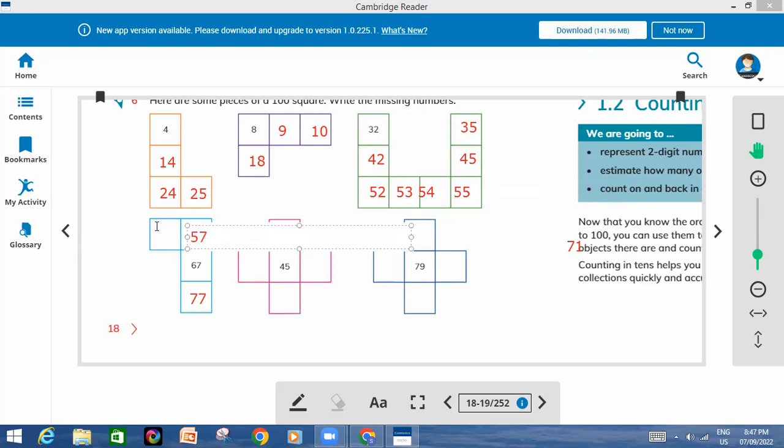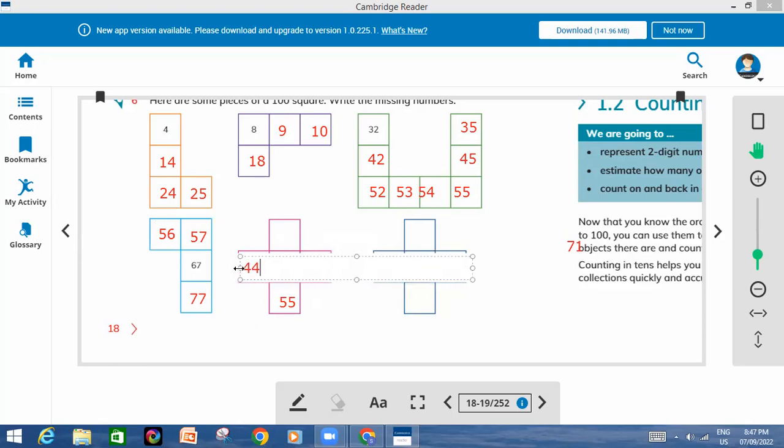And before 57, what comes? 56. Yes. Okay. So I'm going to do this one, and 79, you have to try by yourself. 45 plus 10 is 55. What comes before 45? 44.